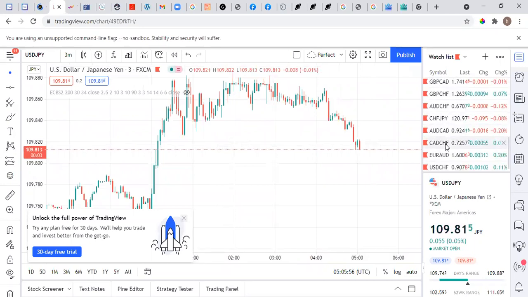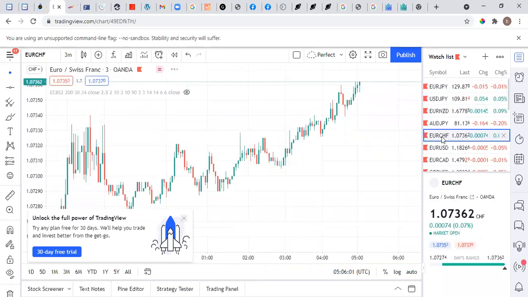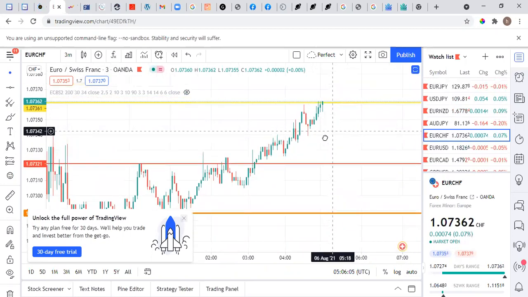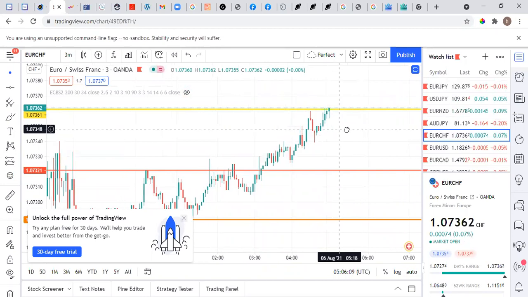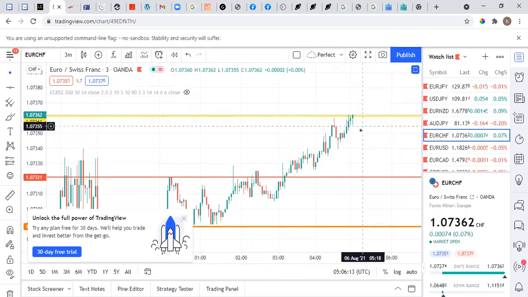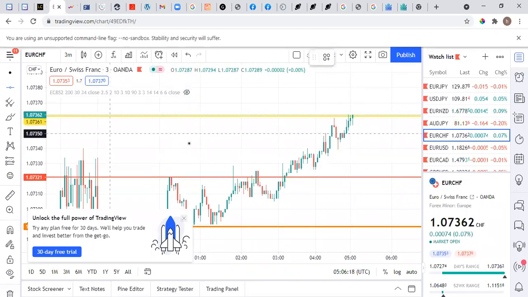I'm looking for Euro CHF. Okay, Euro CHF is in an uptrend. So I'll be looking for a retest to go for a buy. In an uptrend, you look for a retest.